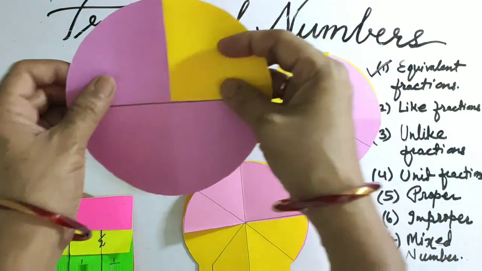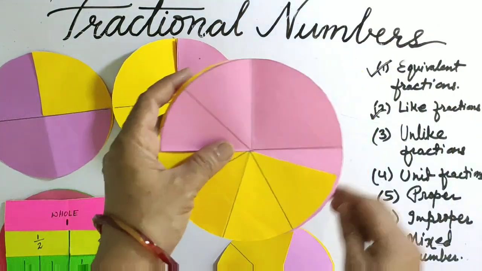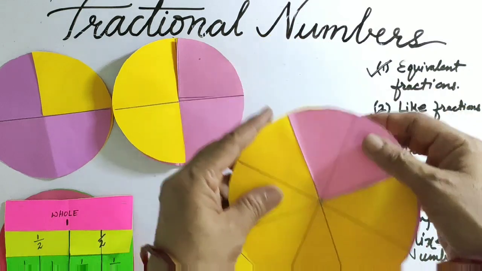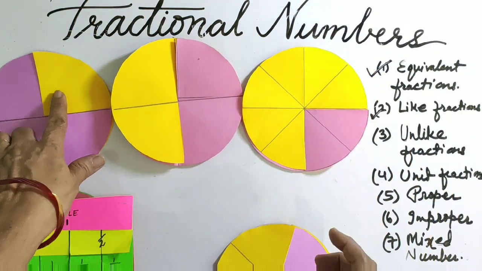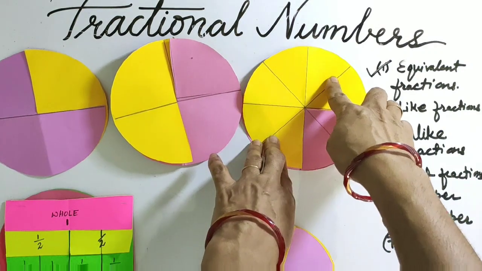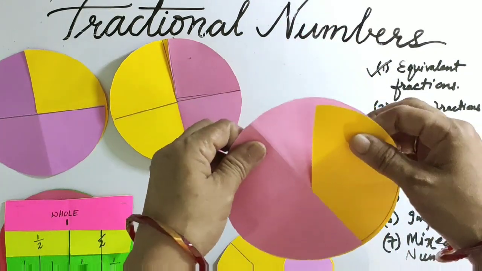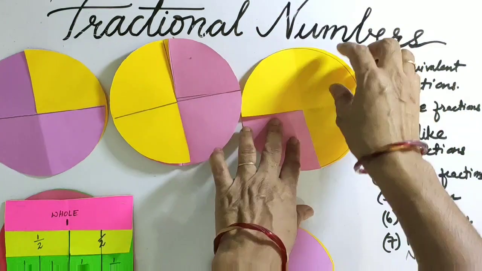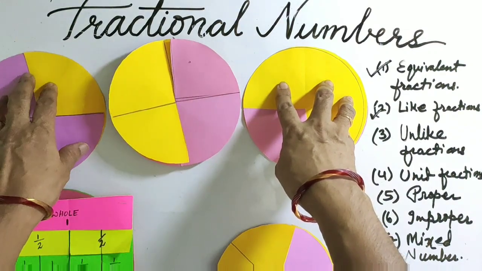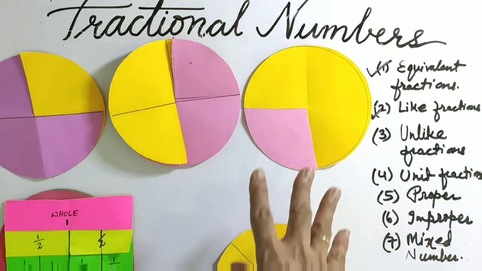This is 1 by 4, this is 2 by 4, and if you do this one as it is, 3 by 4, is it? 1 by 4, 2 by 4, and this one, I have taken 1 2 3 parts of 4 parts, so it is 3 by 4. So 3 by 4, 2 by 4 and 1 by 4. All are having the same denominator, that is 4. So these are called like fractions.